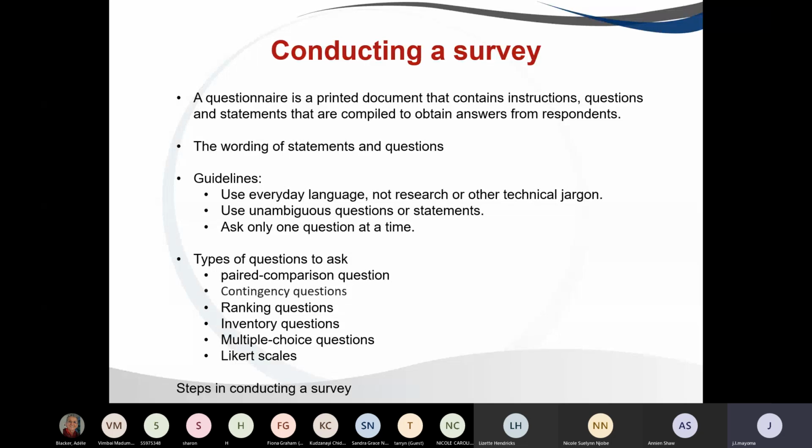Perhaps the assumption was that all people would go down one answer path, but it's important to then say, if no, jump to this question, and we've seen that. So, have you nursed a cancer patient before? Yes or no? If yes, continue answering the question. If no, please skip these questions and jump to the question after that. So that's quite a nice way of accommodating the various types of responses that you can get.